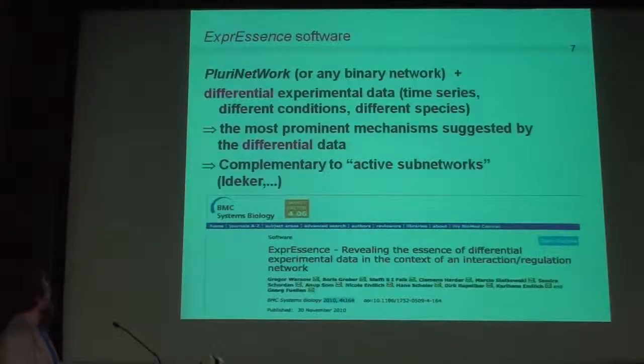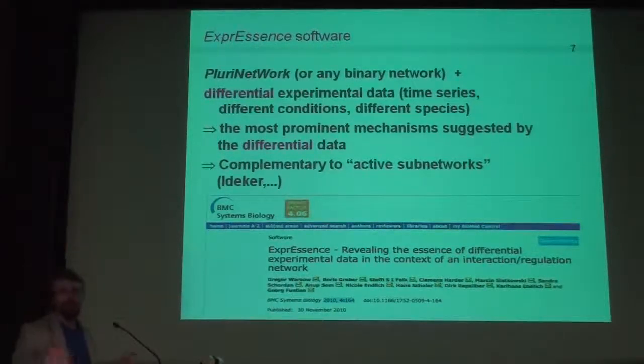The tool we are using is this PRESENCE tool, which does a differential comparison. So we can take time series, different conditions, or even different species, to then find out about the most prominent mechanisms that are suggested by the complementary data, by the differential data.